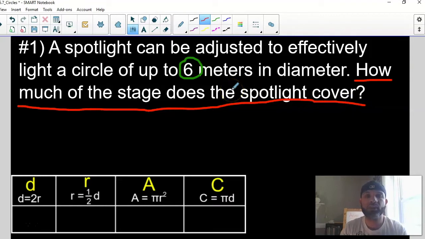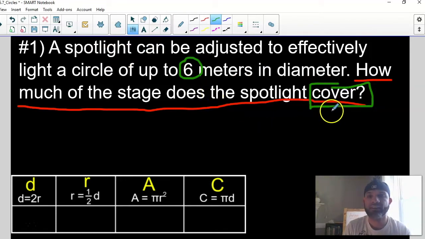Now we're going to box those keywords here. Now, what is that word that tells us that we're dealing with either area or the circumference, either the inside or the outside? Well, here it is, cover. If you're covering something with light using a spotlight, that should tell you we're dealing with area.